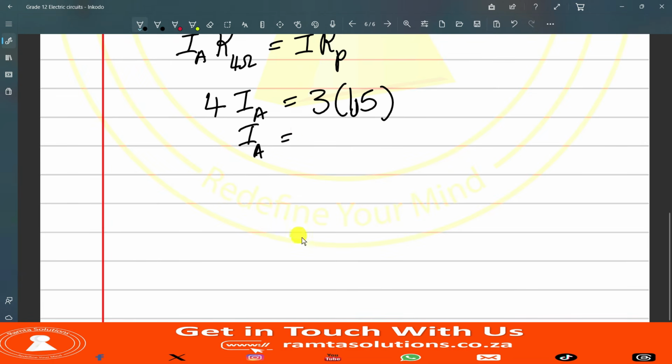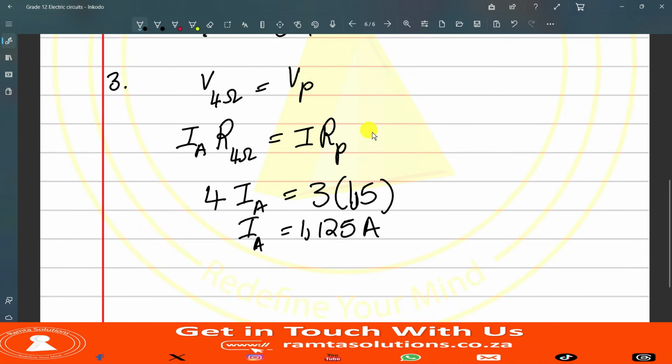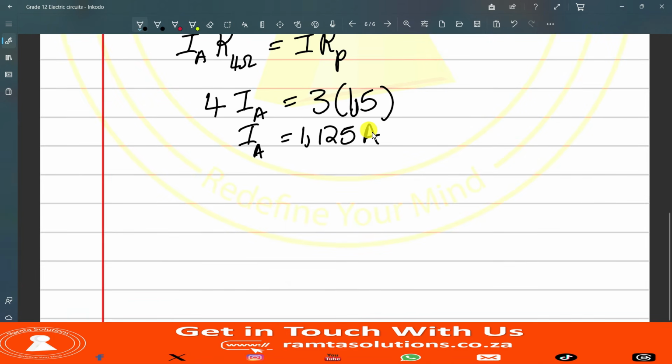That says to us current flowing at ammeter A, or current registered by ammeter A, is 1,125 amperes. Do you guys see how I did this? Okay, perfect. So the current flowing at ammeter A is 1,125 amperes.